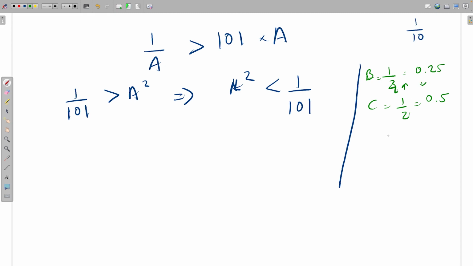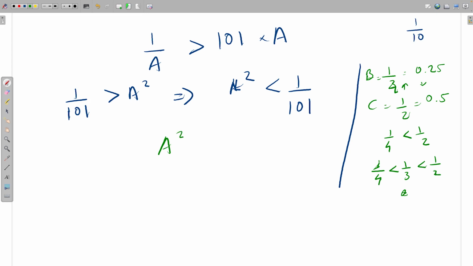So in this way, 1 by 4 will always be less than 1 by 2. In another case, 1 by 4 will always be less than 1 by 3, and 1 by 3 will inevitably be less than 1 by 2. Alright, so applying the same to this, let's come here.